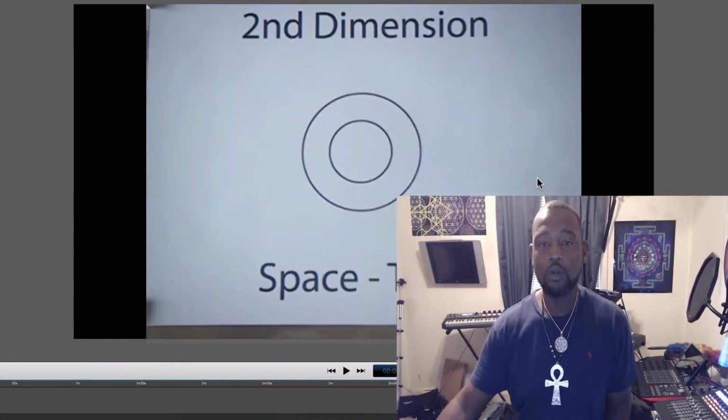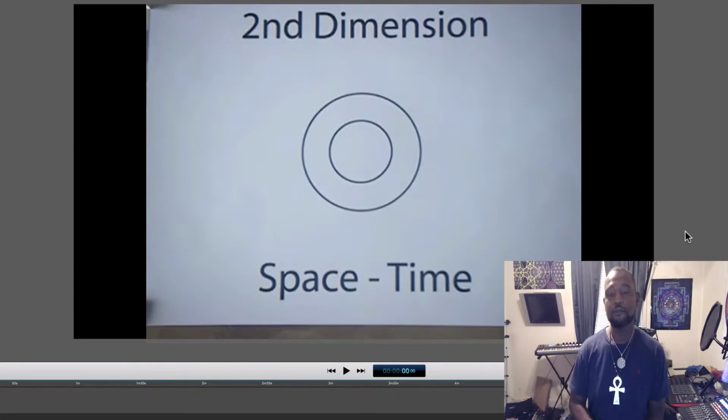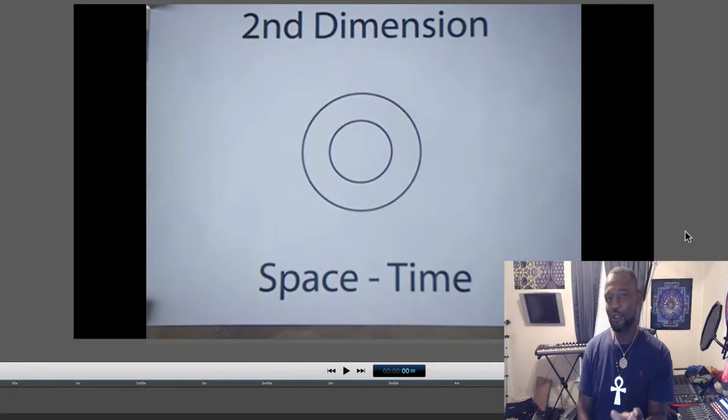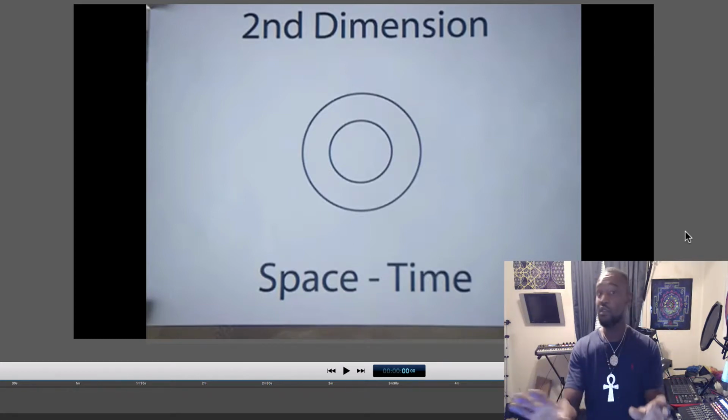And so we go on to the second dimension of consciousness, which is space time. And this is where you can tie this back to the flower of life also, because I love the depictions of the flower of life. The flower of life will explain these dimensions quite lovely.